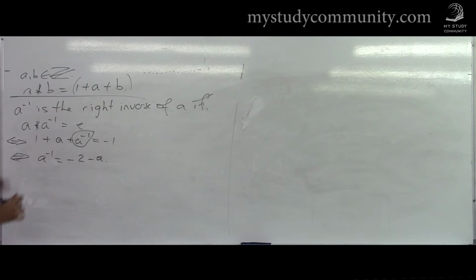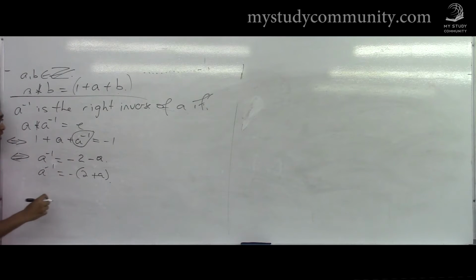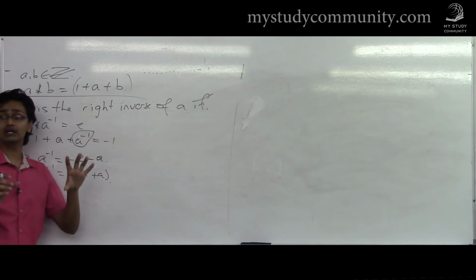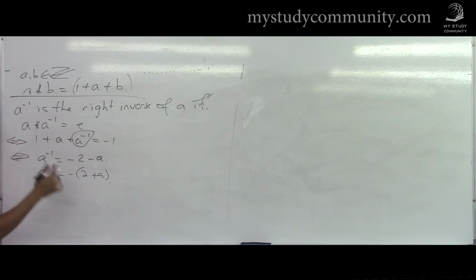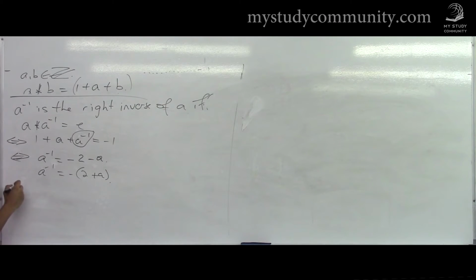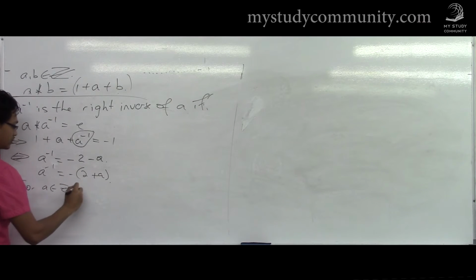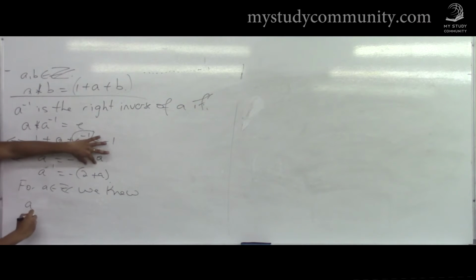So we need to solve for A inverse. Solving for A inverse gives this expression, which is negative of 2 plus A. Now, having found this expression, we need to ensure that this expression is also in my set. So I want to make sure that this here is in Z. So for A an element of Z, we want to argue for this.